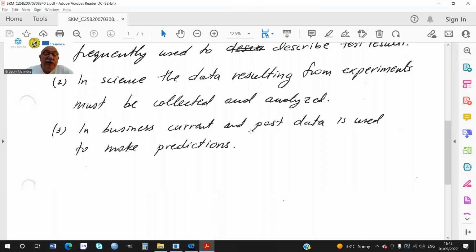In business, current and past data can be used to make predictions. I can give a quick example of a restaurant owner collecting information about the menu orders of his customers. And then after a few months, he can make decisions of what is the most popular part of the menu and what is not popular, to delete it from the menu, etc., and make decisions, or sometimes preferences, depending on whether it is summer or winter.